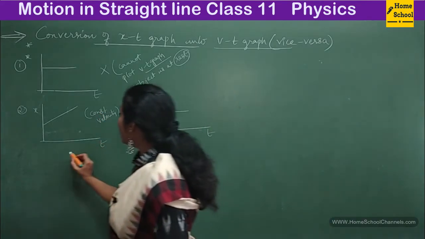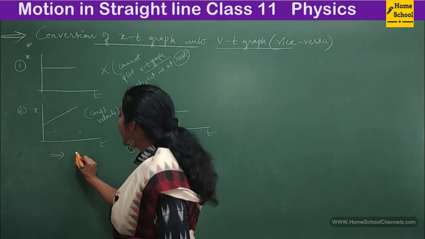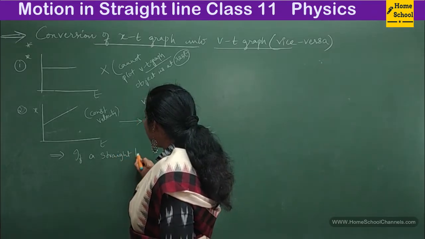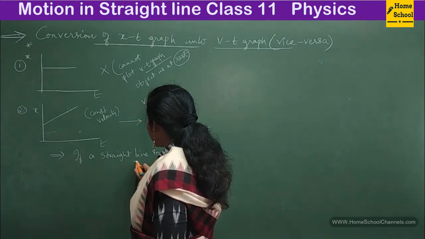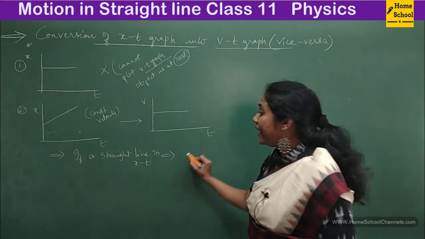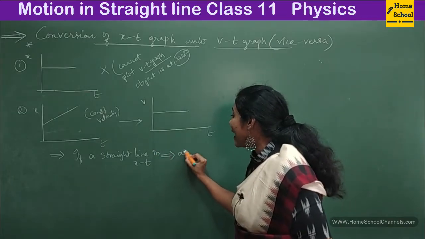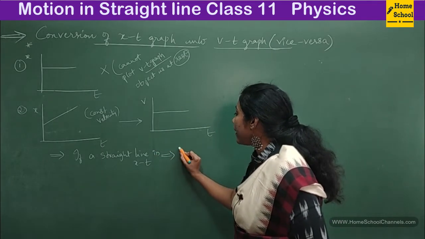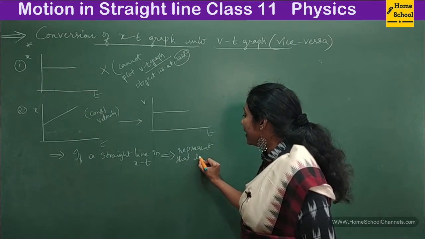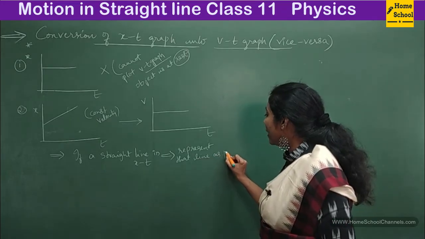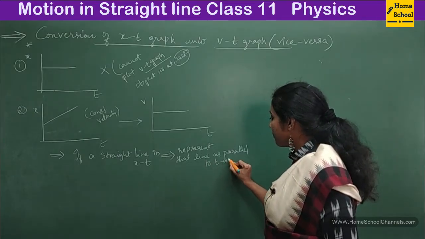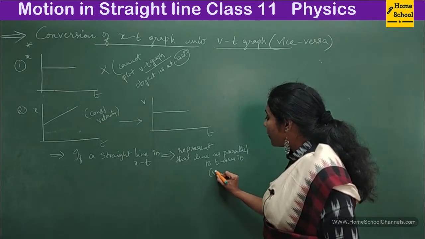So what I wanted to tell you here is, if there is a straight line in XT, then you will represent that line as a line parallel to the t-axis in the VT graph.